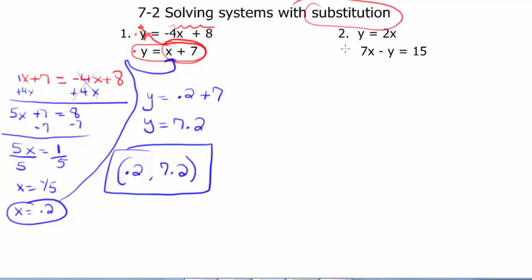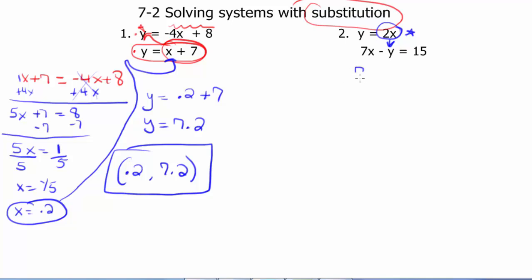Okay, so when we come here to number 2, we have y equals 2x, and then we have 7x minus y equals 15. So right away you see that this one has y solved already. So that's what you're going to want to use. You're going to want to take the 2x and plug it in for this y, because this is already solved.